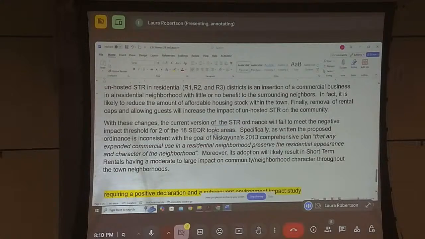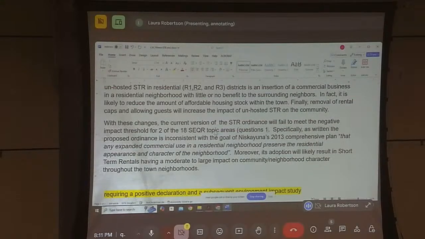Specifically, as written, the proposed ordinance is inconsistent with the goal of Niskayuna's 2013 comprehensive plan that any expanded commercial use in a residential neighborhood preserve the residential appearance and character of the neighborhood. Moreover, its adoption will likely result in short-term rentals having a moderate to large impact on the community neighborhood character throughout the town. So the first one is question 17, the second one is 18.